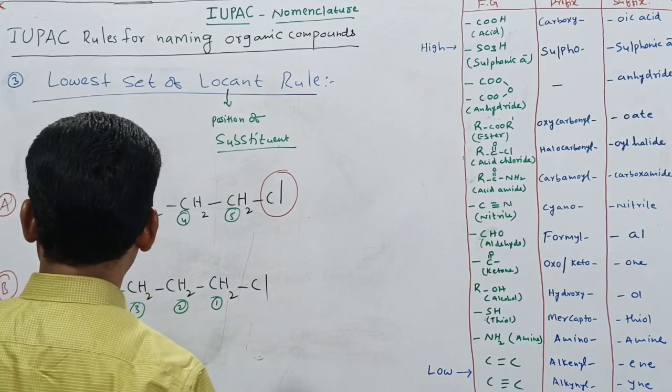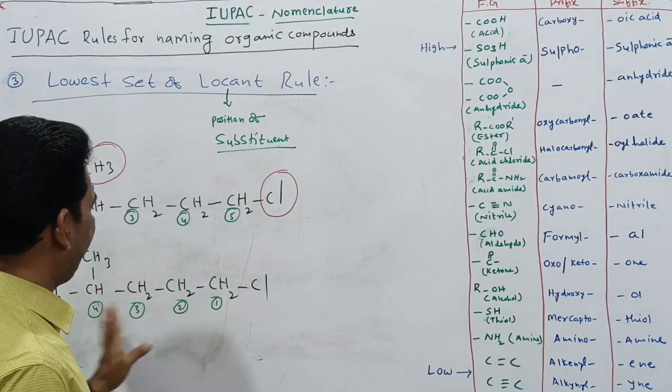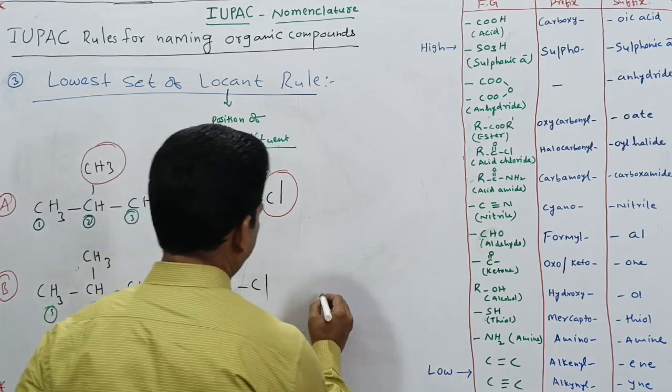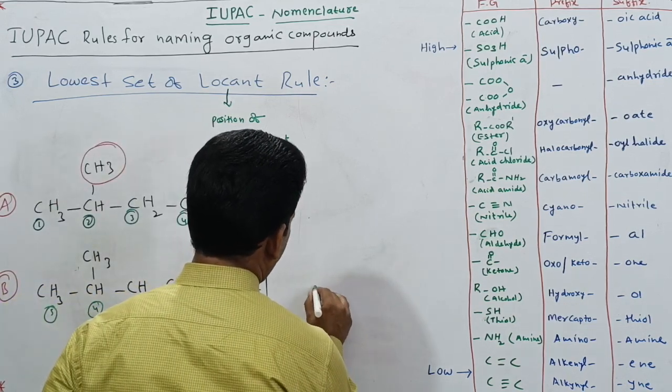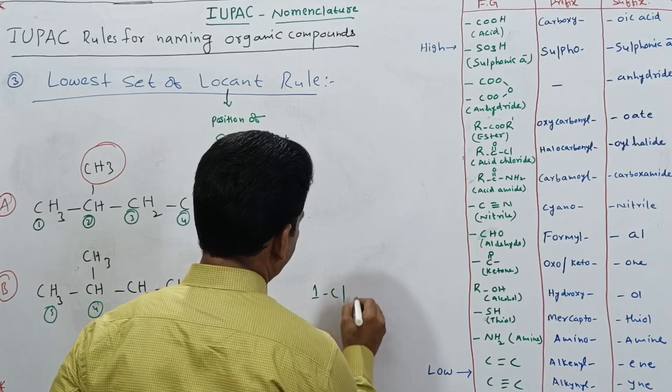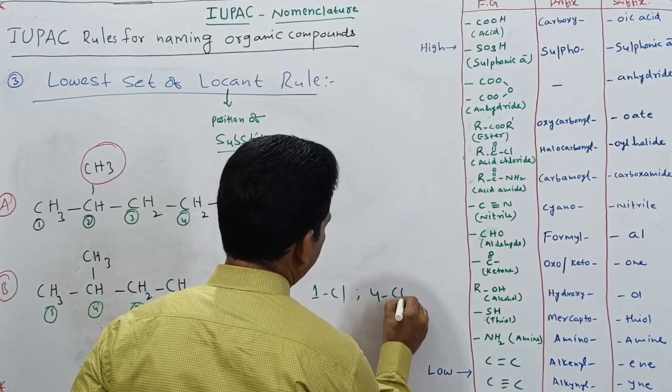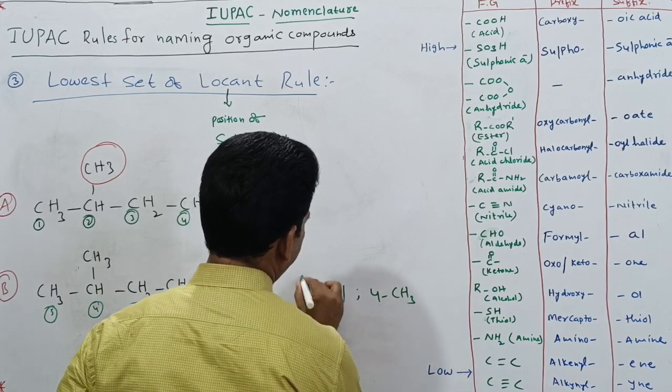Now see, I have given the numbering from the left side and from the right side. In this case, at the first position, chloro is there, and at the fourth position, methyl is there.